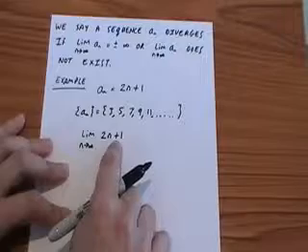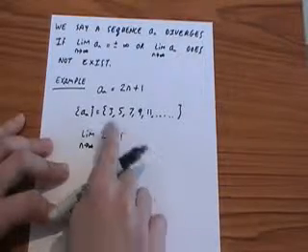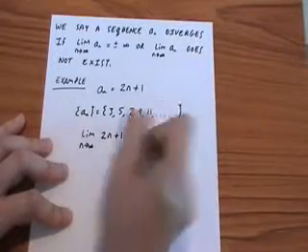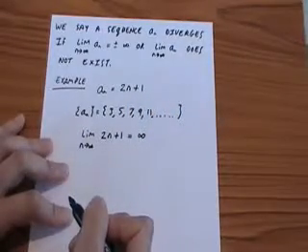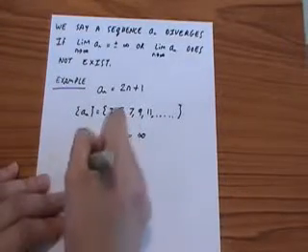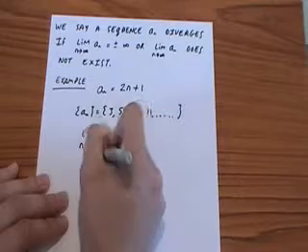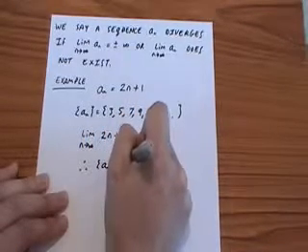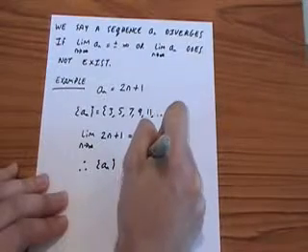The addition of 1 isn't going to really make a lot of difference. So in total, all of this is going to go to infinity. So now we can use our formal definition of divergence up here, and we can say that therefore our sequence a_n diverges.